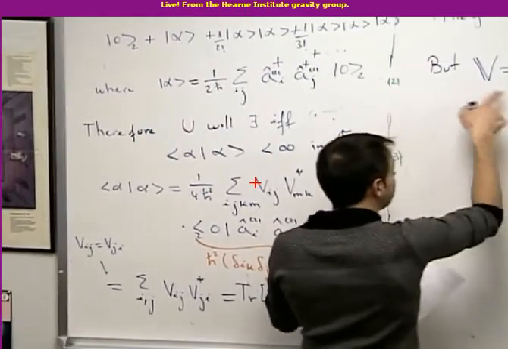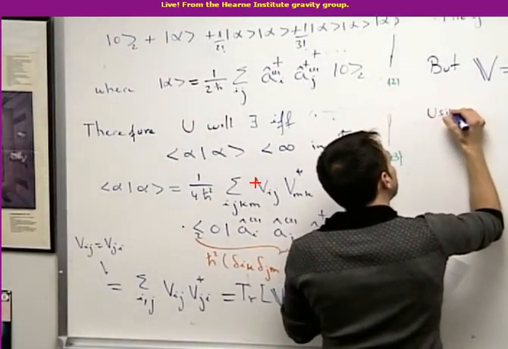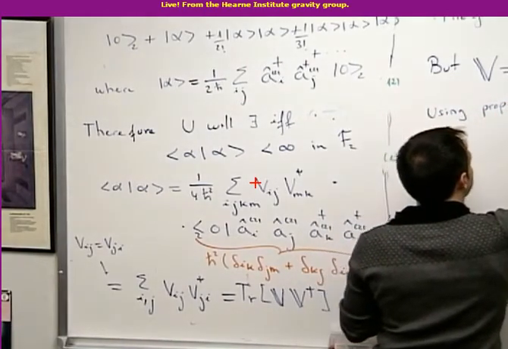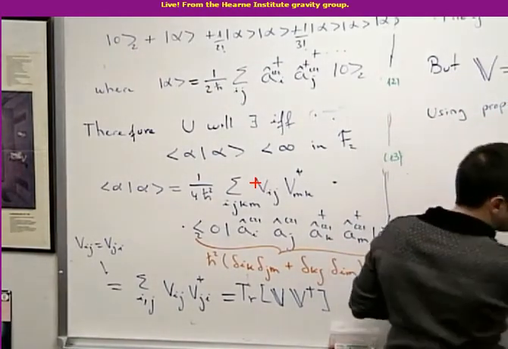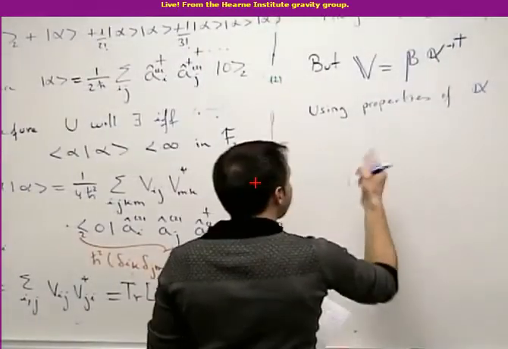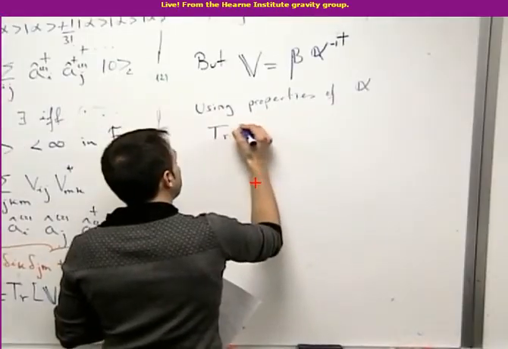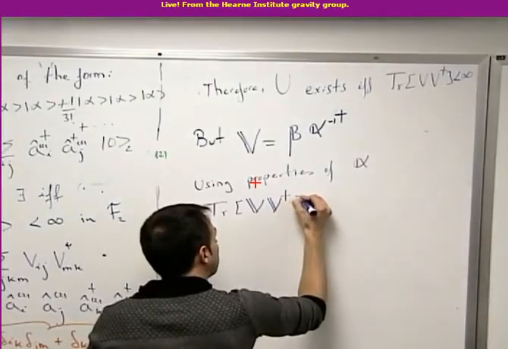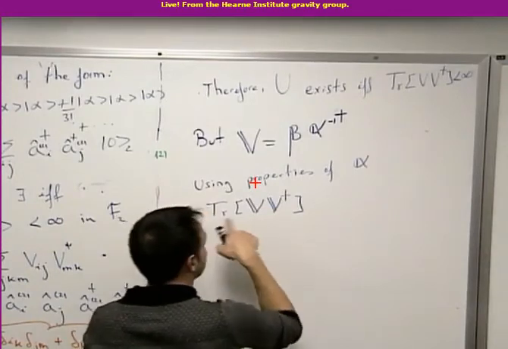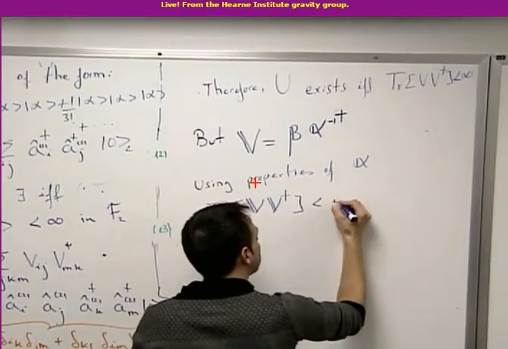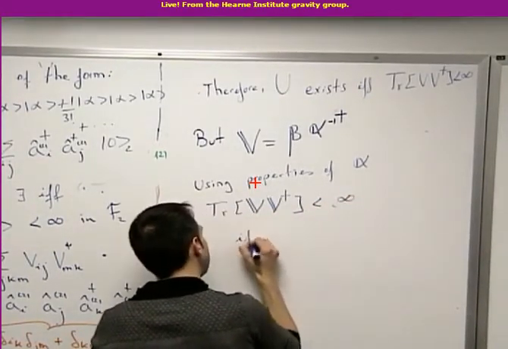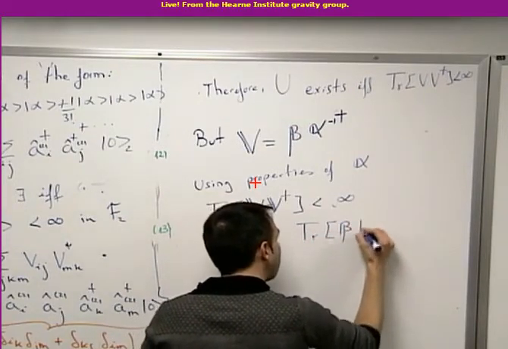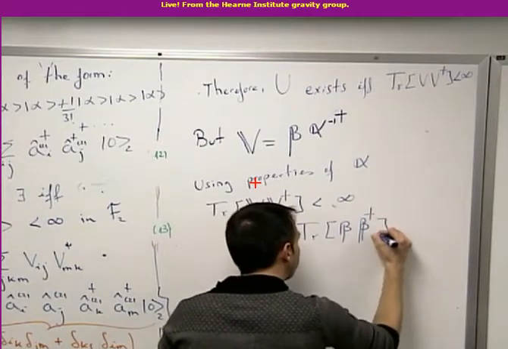With this, using properties of alpha, so using the properties I showed you before, one can prove that, I'm not going to write it because it's simple, the trace of this guy is finite if and only if the trace of beta beta dagger is finite.